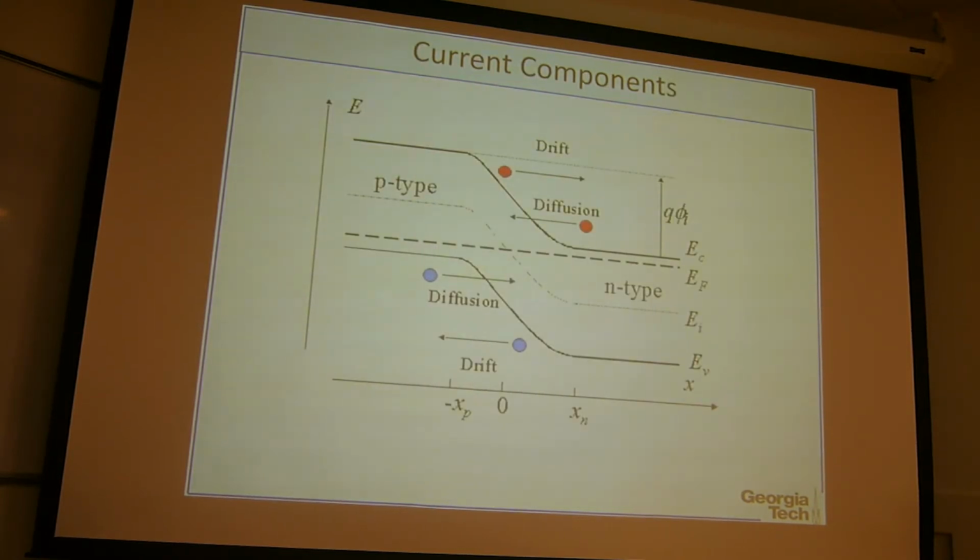Let's look at the current components to answer your question. There's diffusion, you said. Yes, there's diffusion. This is still at the equilibrium state because we have a single EF and the applied voltage is 0. Let's look at electrons first. Electrons are in the conduction band, and this side is N-type, so you have many electrons here.